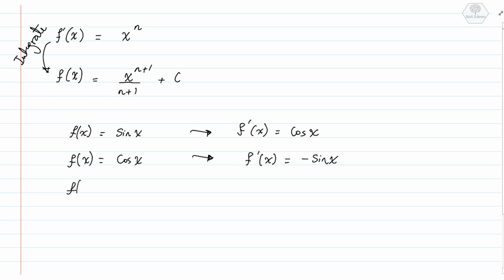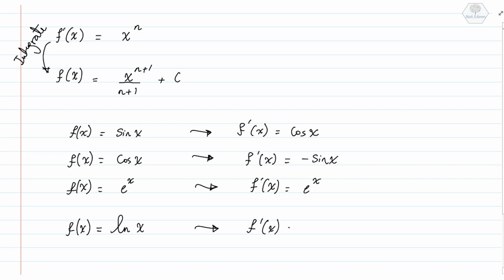If f of x equals e to the power of x, then f prime of x is equal to e to the power of x. If f of x is equal to ln of x, f prime of x is equal to the derivative of what is inside the ln over the same function inside the ln. So it becomes 1 over x.